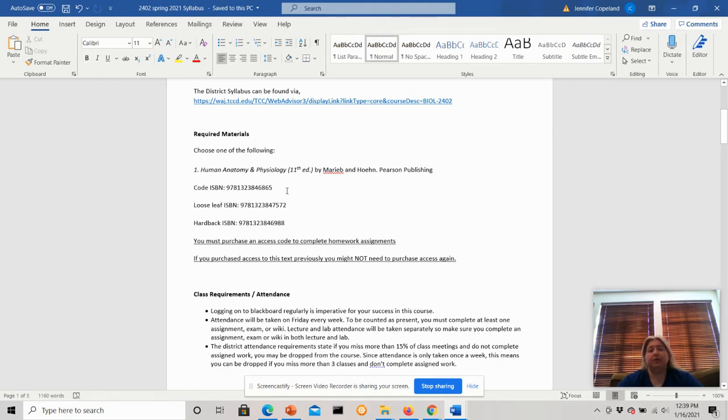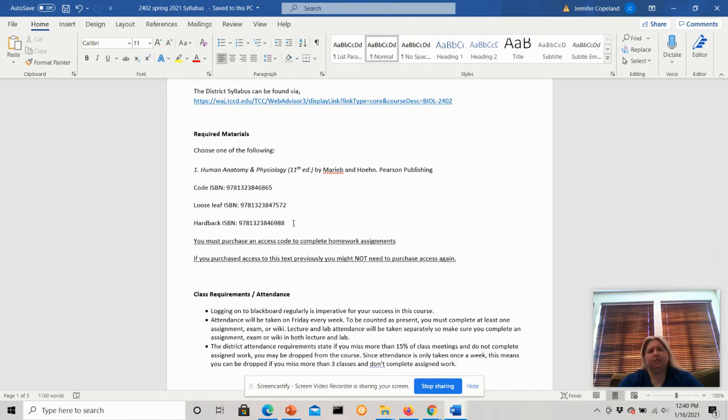You can also buy it directly through Pearson. And then we have the loose leaf version. My understanding is that the bookstore does not have very many of those, but that's if you want a physical book. And we have the ISBN for this, and that was, I believe, $158.70 at the bookstore. And then this one is not even at the bookstore right now, but that's the ISBN for the hardback.